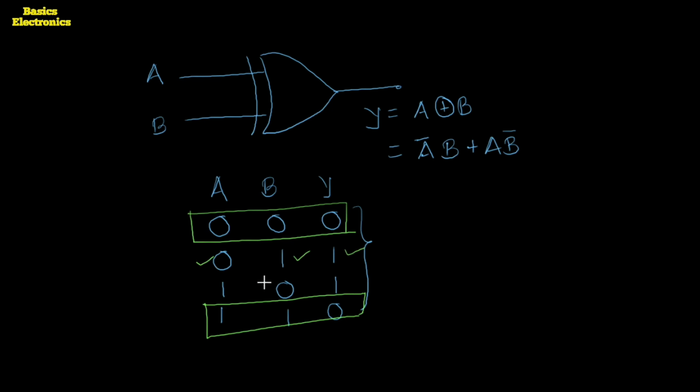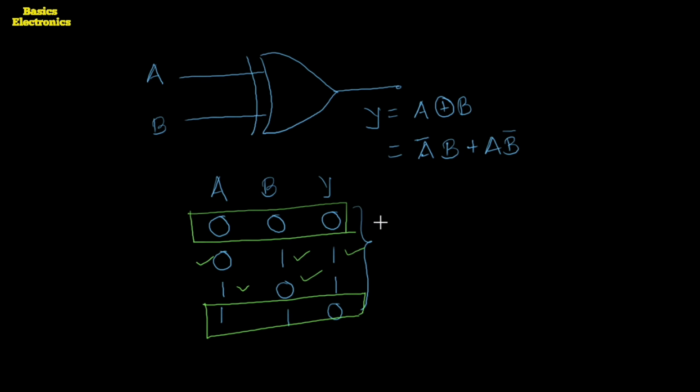See the second and third entries: A is 0 and B is 1, A is 1 and B is 0, and the output is 1. So when the inputs are different, it produces a high output, and when the inputs are the same, it produces a low output. This is for the 2 input XOR gate.